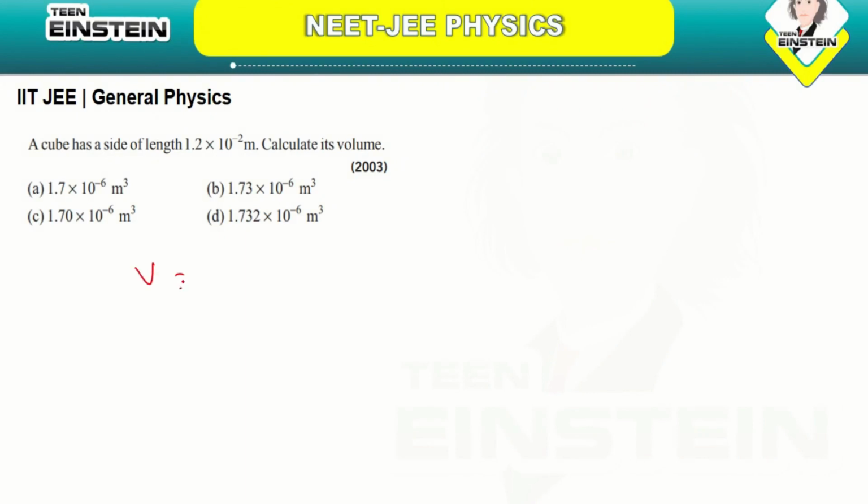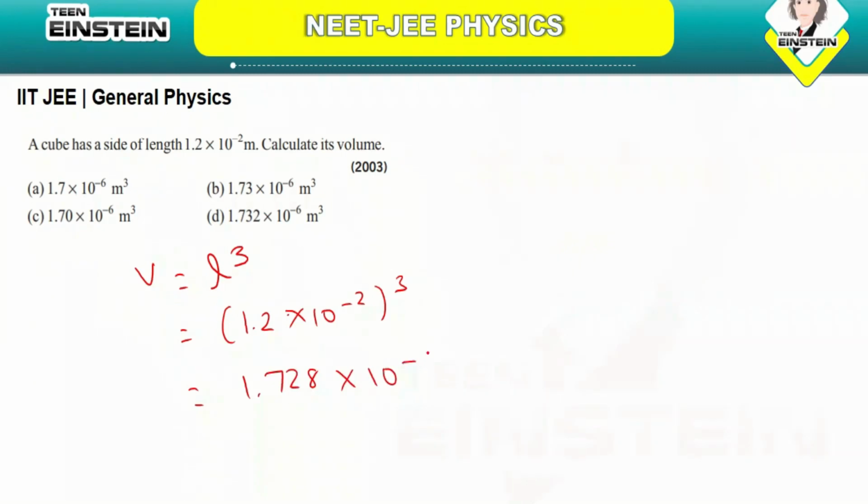So we know that V is equal to L cube, or it is 1.2 into 10 power minus 2 the whole cube. Okay, so you will be getting it as 1.728 into 10 power minus 6 meter cube.